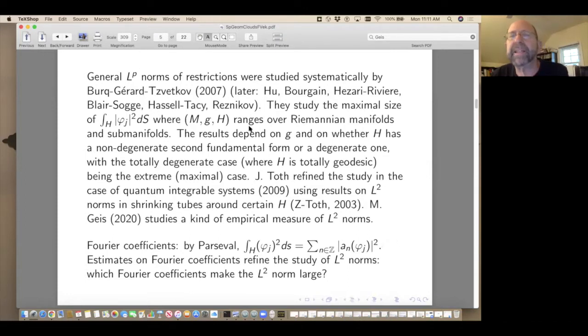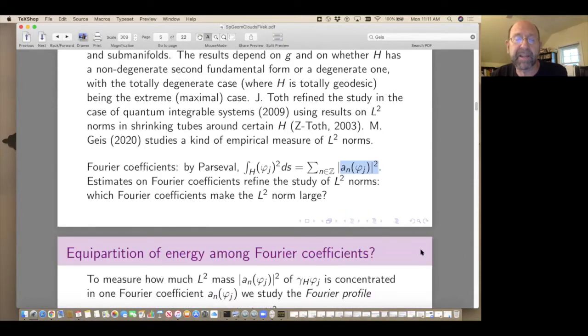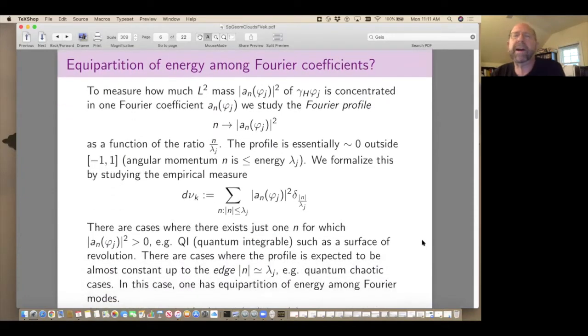For example, in cases where the L2 norm is maximal on some submanifold, how do the a_n of phi_j distribute among the n's? This is a new type of problem, related to what Wiener used to call a spectral problem: we look at the Fourier coefficients of the eigenfunction and try to understand which ones are causing the L2 norm to be large.